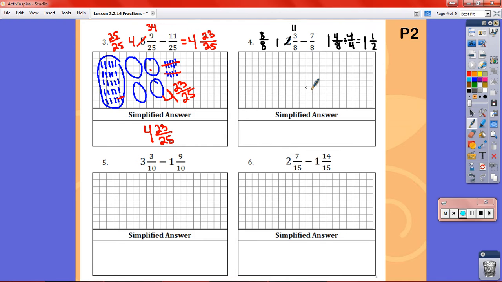I could do this with pictures or tally marks because the denominators are small, so it's not as hard.